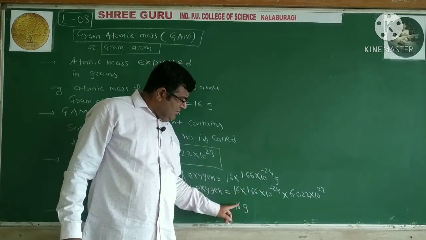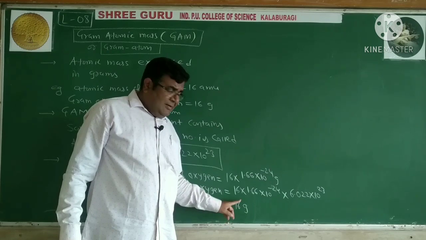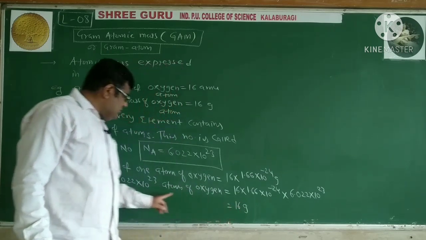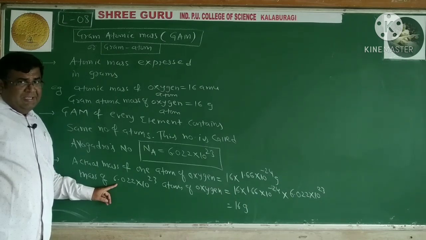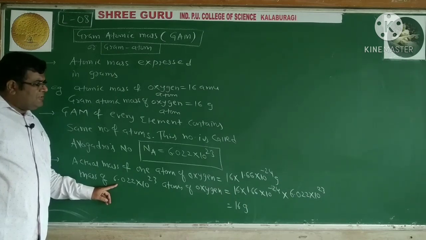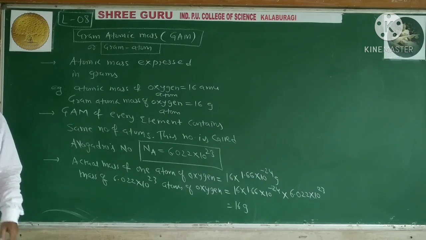So 16 gram is gram atomic mass, as well as it is the mass of Avogadro number of atoms of an element. So these 3 points are very important.